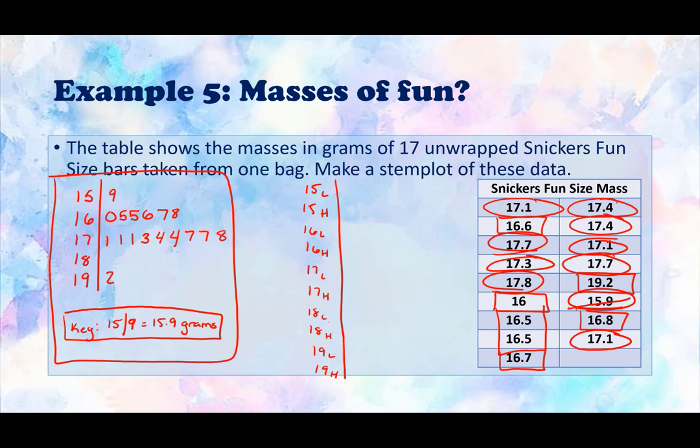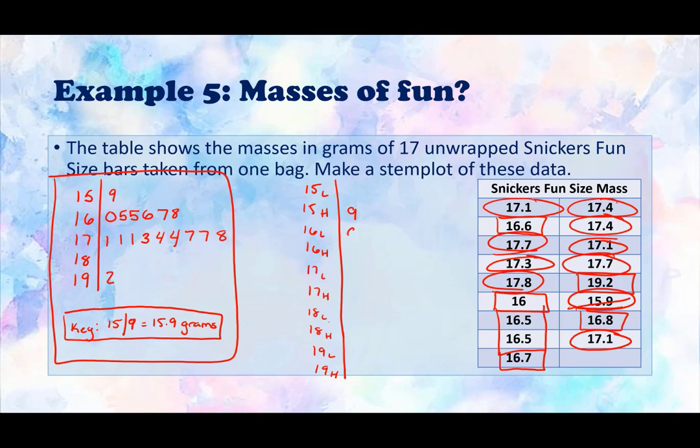So let's look back over at our first graph instead of looking back over at this mess here. Okay, so we have 15.9 as our first one over here. So because 9 is between 5 and 9, we're going to put it in our high category. Okay, now we're going to look at 16s. And remember that lows go from 0 to 4.